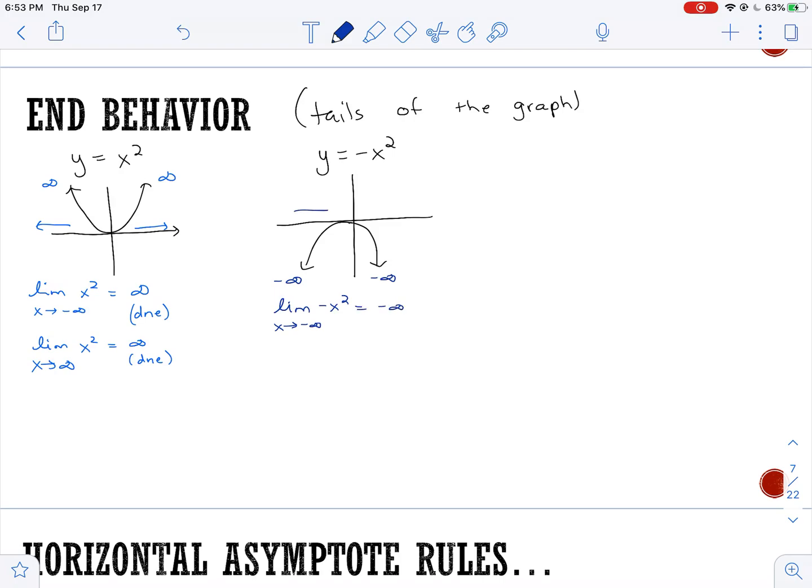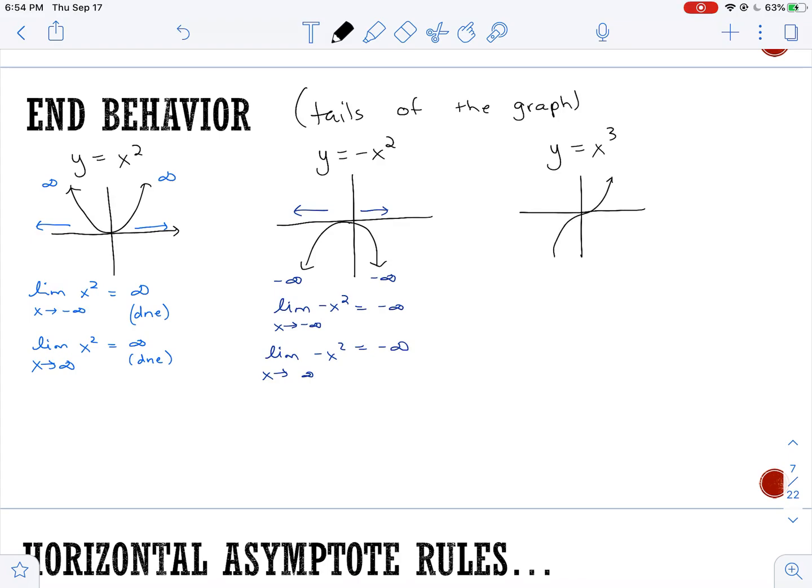So the limit as x goes to negative infinity of the opposite of x squared, what's happening to the tail of the graph as I'm getting farther and farther to the left? That tail is shooting down to negative infinity. And as my x values are getting bigger and bigger, approaching positive infinity, those y values are also going down to negative infinity as I'm approaching the right-hand side of the graph.